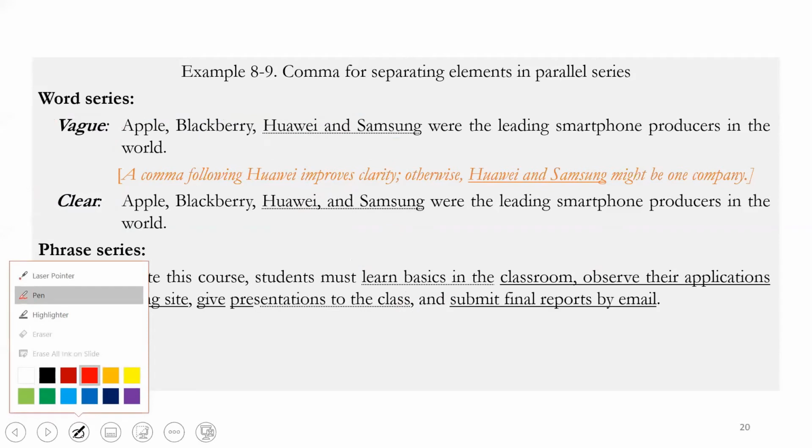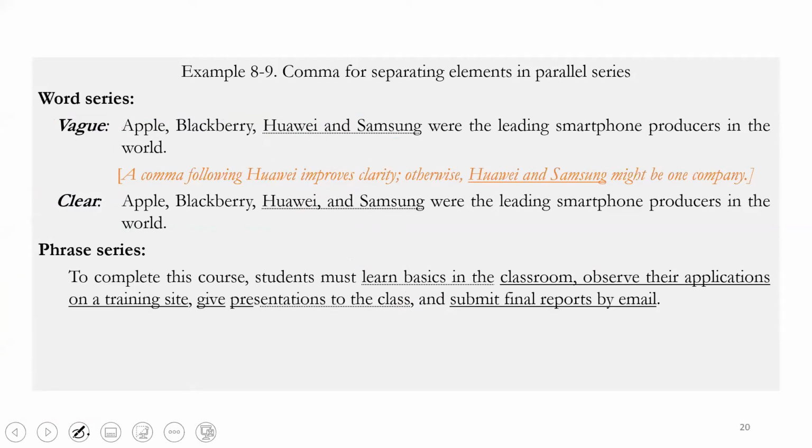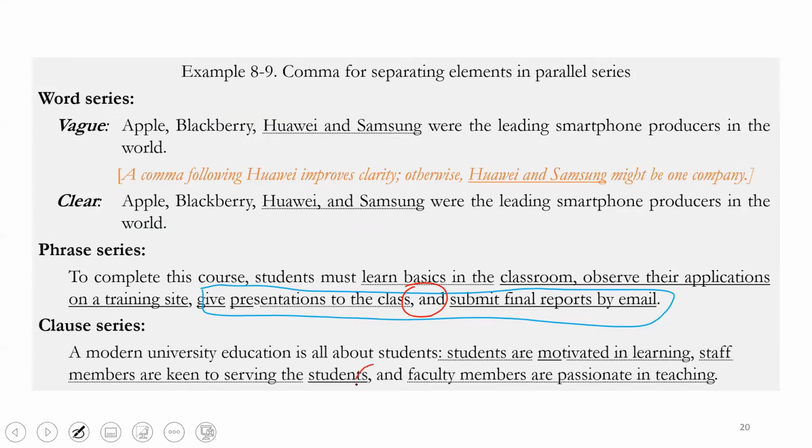You can imagine if you do not use this comma, you say, give a presentation to the class and submit the final report by email. Right? With really long elements, the reader may not know if this is 1 task or 2 tasks. You also need this one. Otherwise, akin to serving the students and the faculty members, all those things, right? There are 3 elements, 1, 2, and 3. Without that comma, it's going to be a mess.